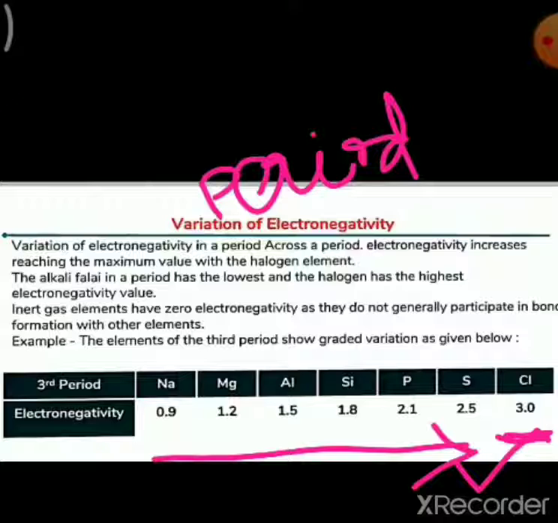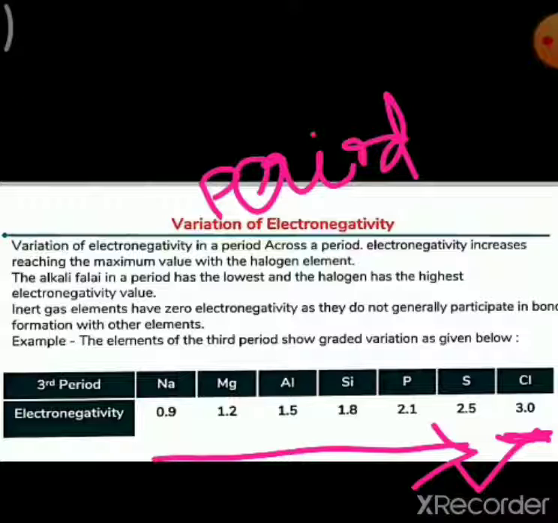Because in case of the other elements, it is the covalent radius, but in case of your inert gas elements, it is the van der Waals radius. You can see there. So let's see the example.